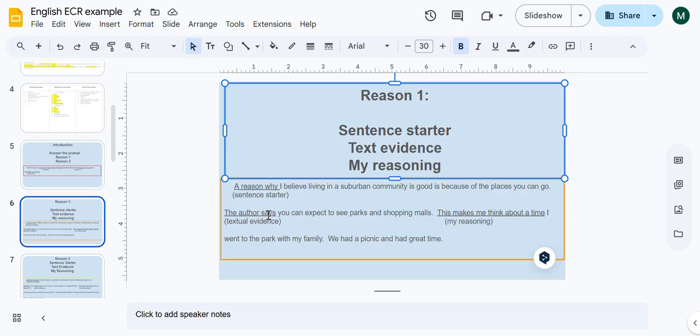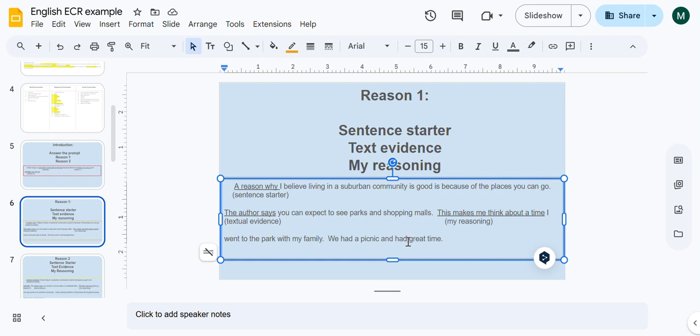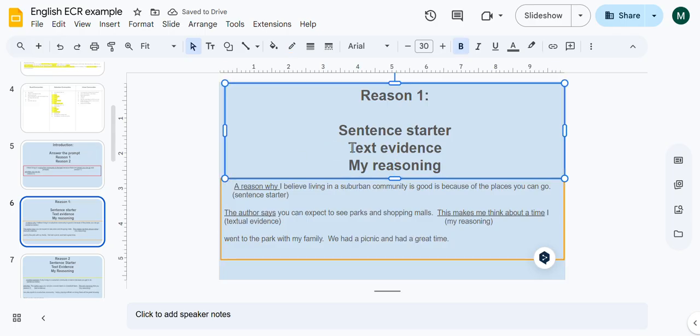The author says, there's my text evidence, you can expect to see parks and shopping malls. This makes me think about a time, this is my reasoning right here, I went to the park with my family. We had a picnic and had a great time. So here I have my sentence starter, I have my text evidence, and my reasoning. So those are the 3 things I must include in my reason 1.